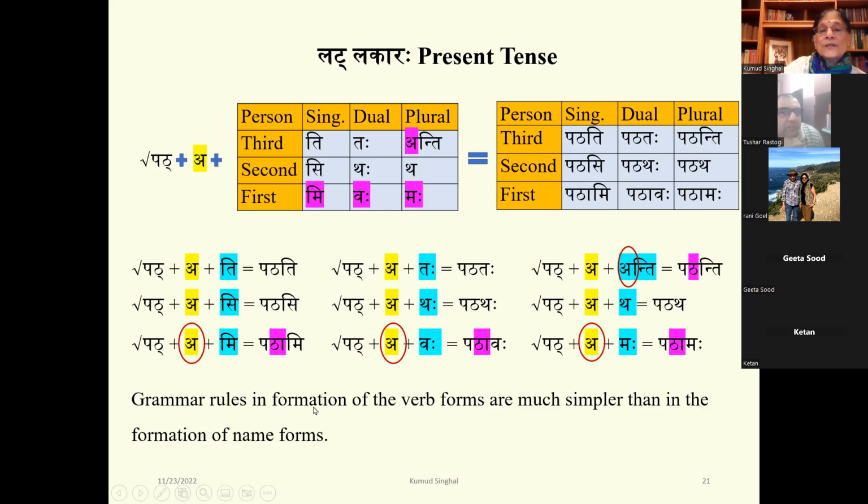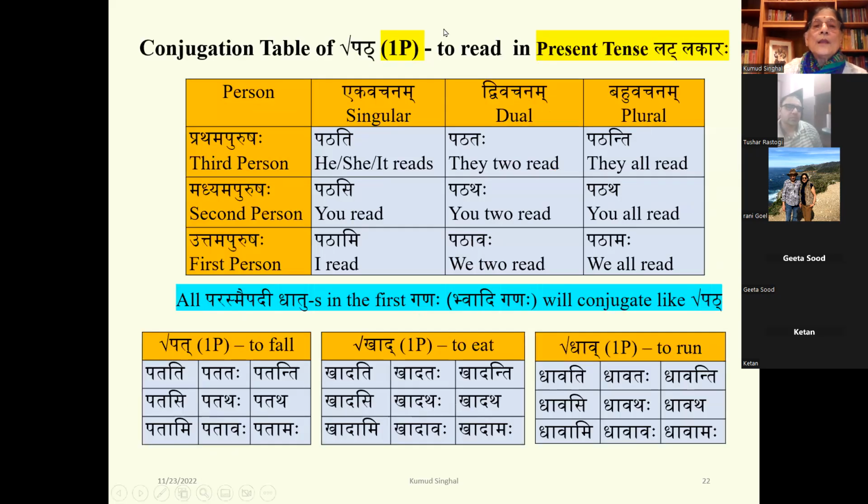So grammar rules in formation of the verb forms are much simpler than in the formation of the name forms. This table is called a conjugation table of the dhatu pat. 1p means belonging to group or gana 1, a parasmai padi dhatu in the present tense, lat lakara.